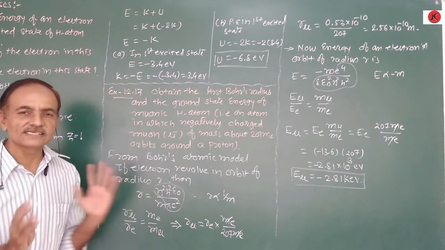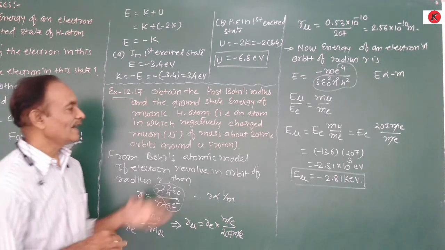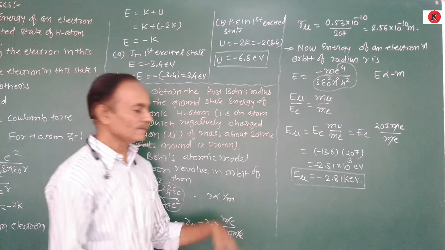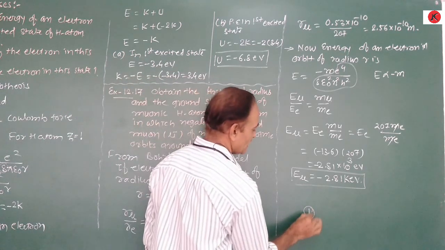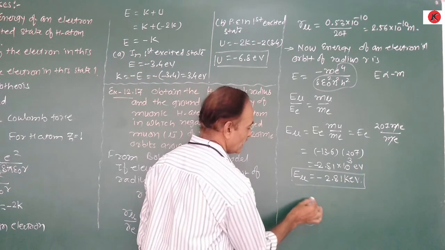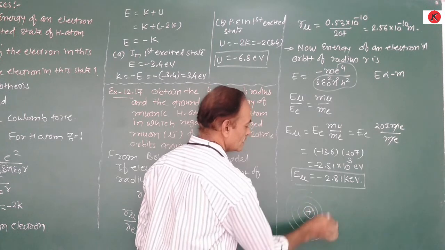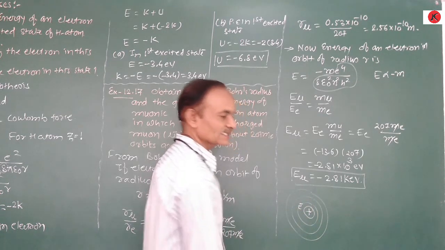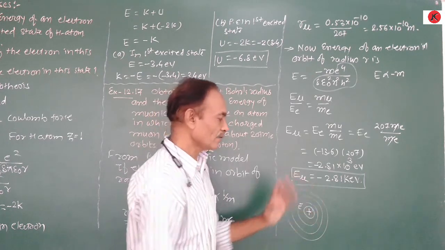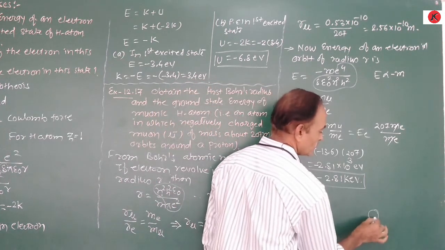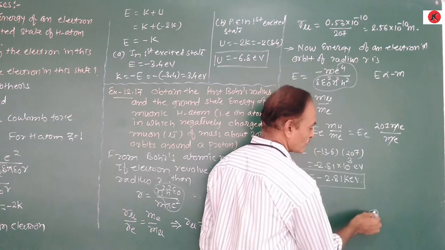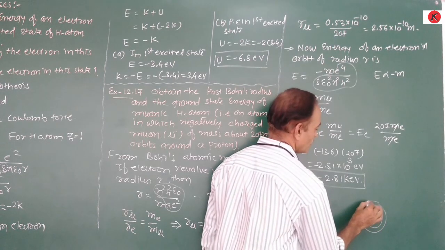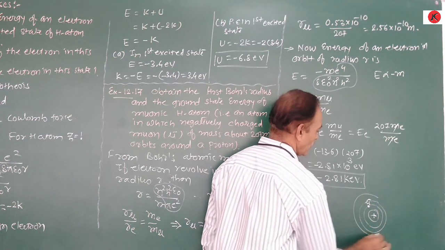Again, the example is very easy, but here the atom given is muonic. In the hydrogen atom, the proton is at the center, while the electron revolves around the nucleus in the ground state and other orbits. That is the electronic atom. In the muonic atom, at the nucleus the proton is present, while the muon, mu minus, revolves in the orbit.